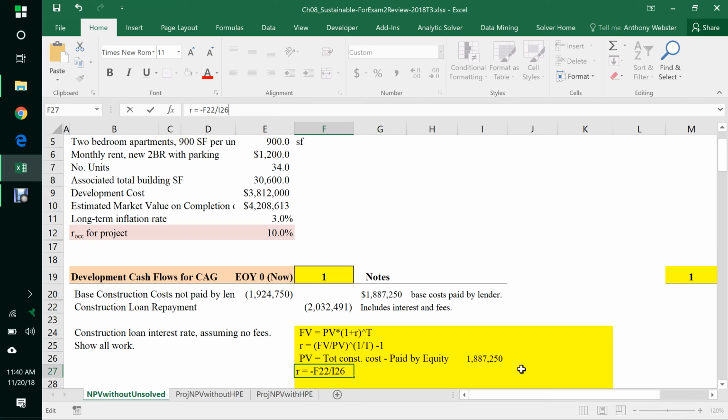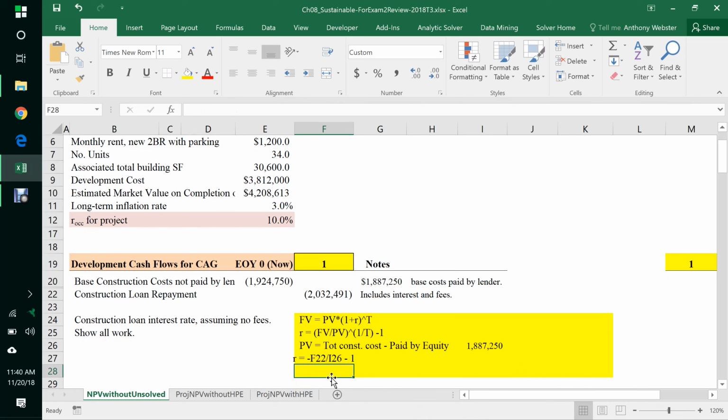Okay, and it's 1 year, so raised to the 1 over T is raised to the 1 over 1, so I don't have to worry about anything like that. And I'll just say -1, and let's see what we got here. Okay.